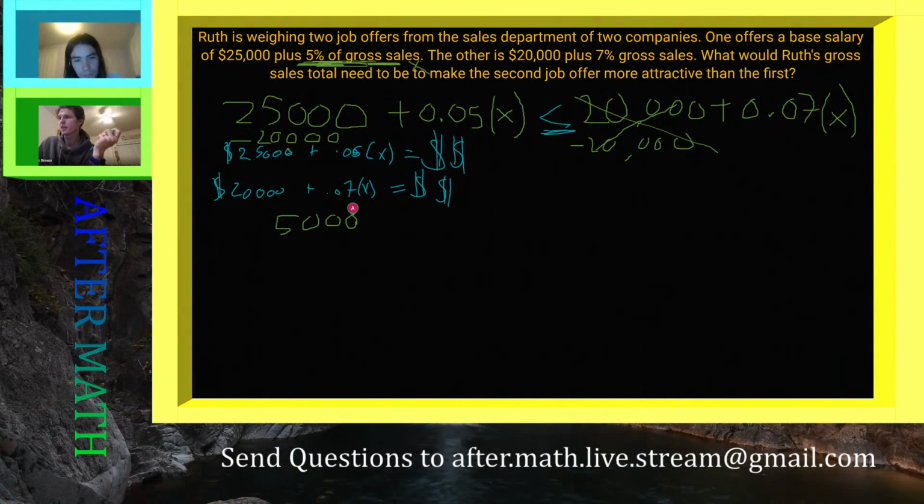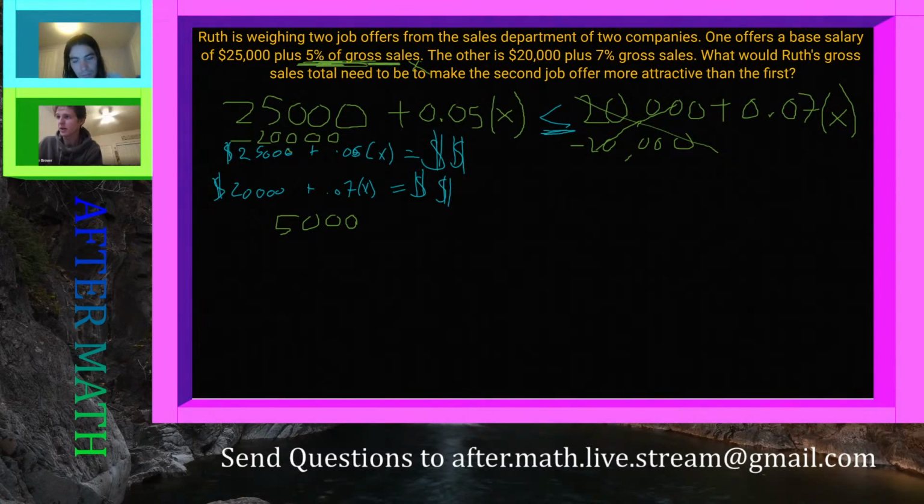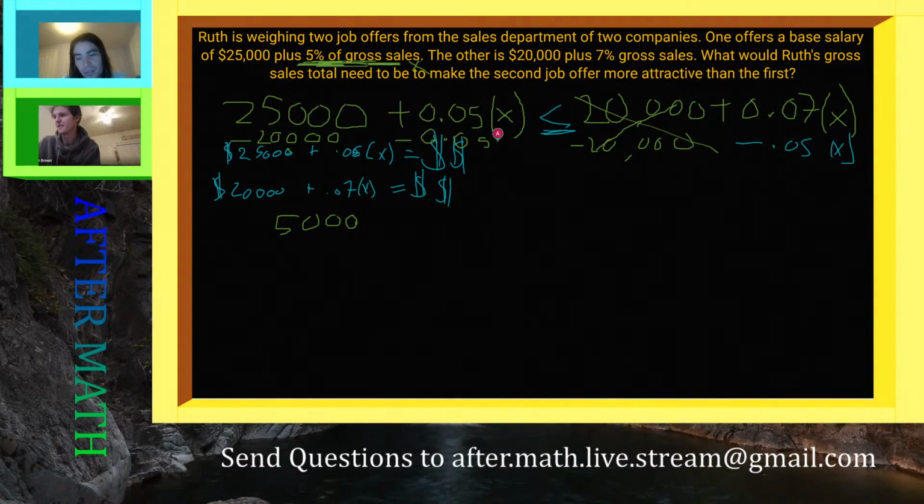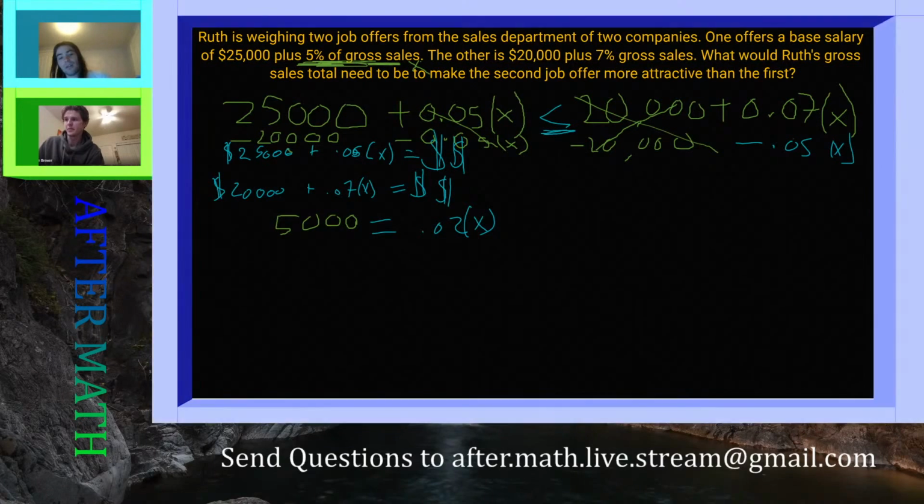Let's just do the variables at the same time, because why do extra lines when you don't need to, right, Kip? Exactly. So I'm gonna subtract 0.05x from both sides, yeah, there we go, and this is 0.02x. Nice.